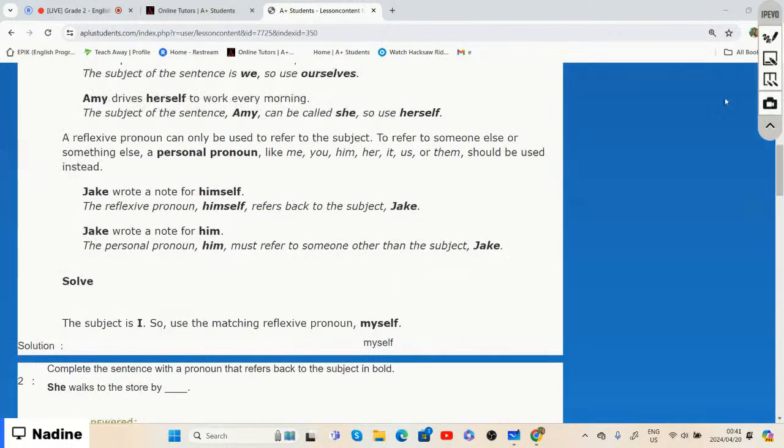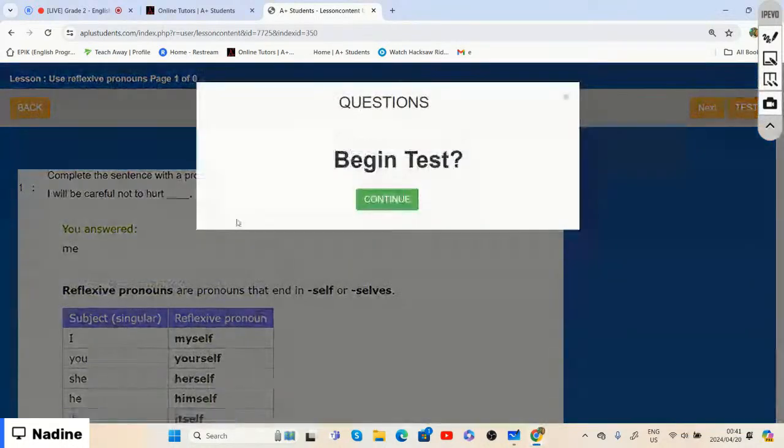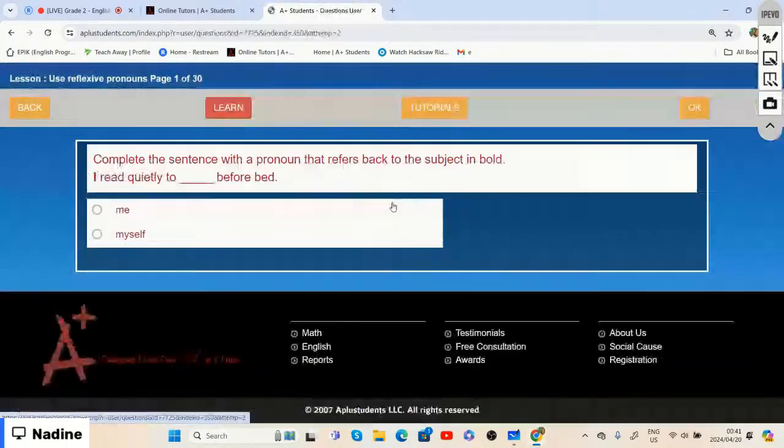All right, so now we're going to our test, where we are going to use reflexive pronouns. And remember, these words need to refer back to the subject. We're now not using personal pronouns. We're using only reflexive pronouns, which end in self or selves.